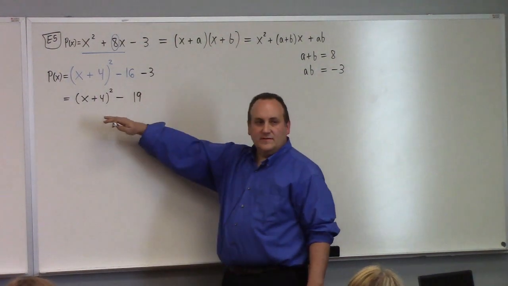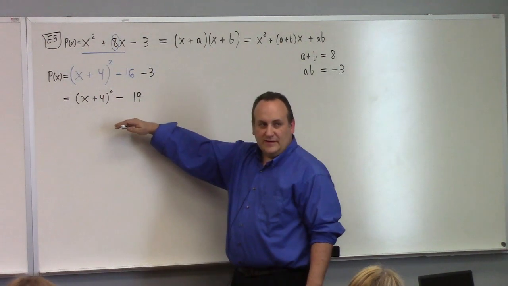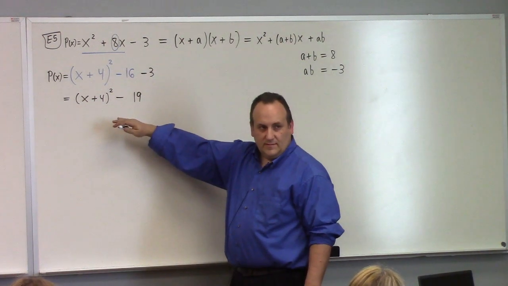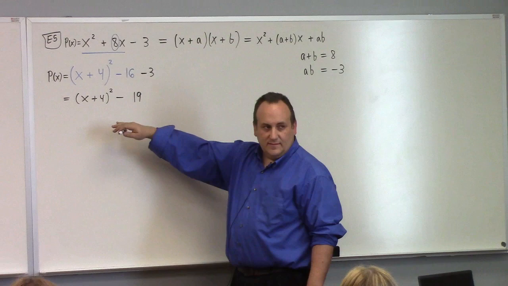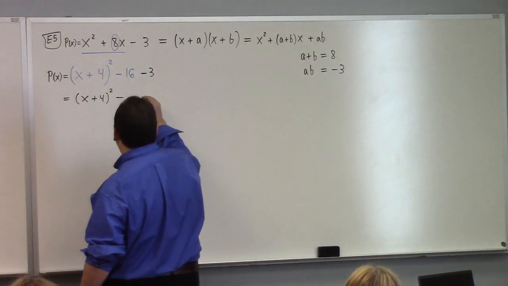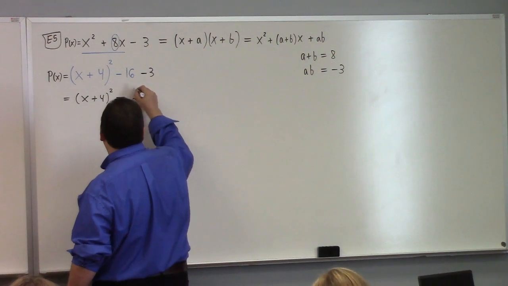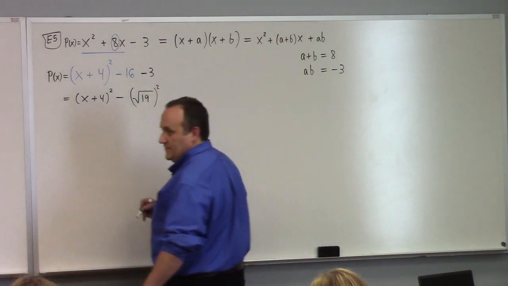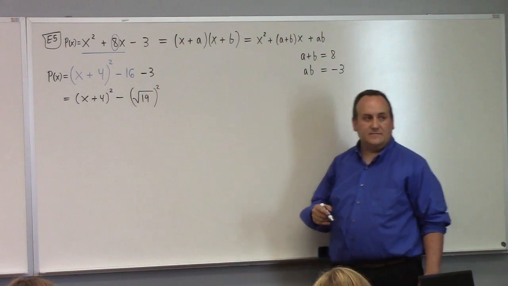Look, you guys, at least 2 of you already know what to do with a 19. We change it to the square root of 19 squared. The square root of 19 squared is equal to 19, right?